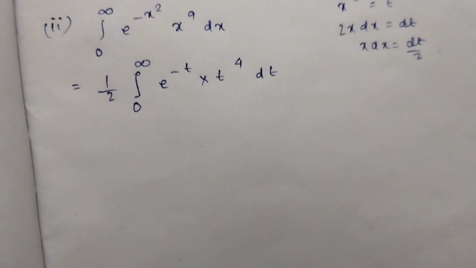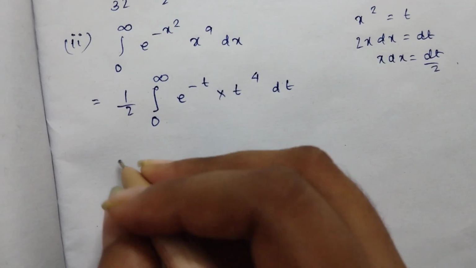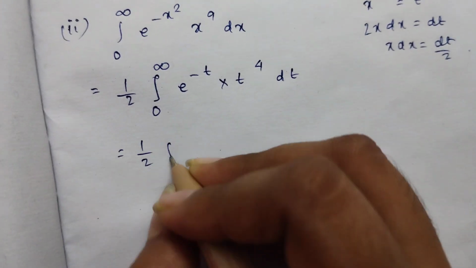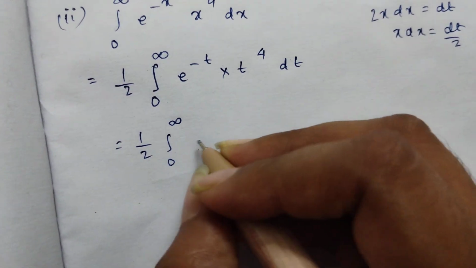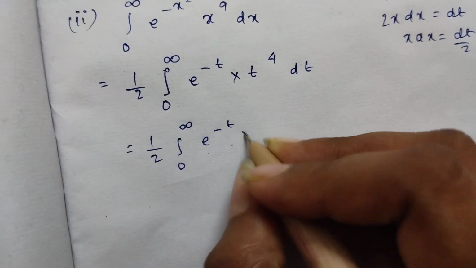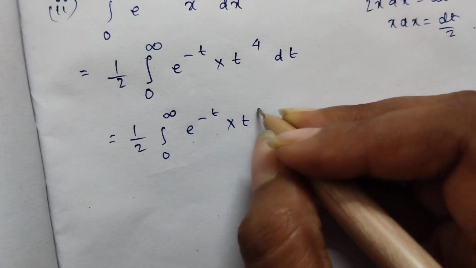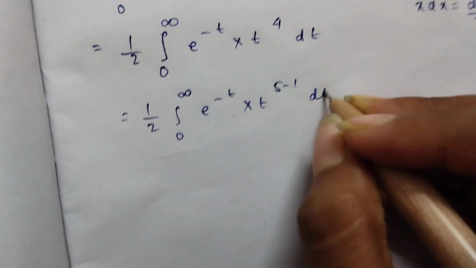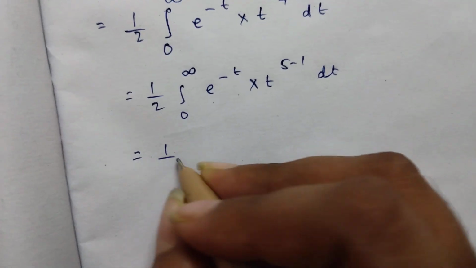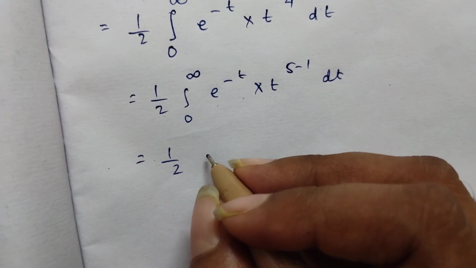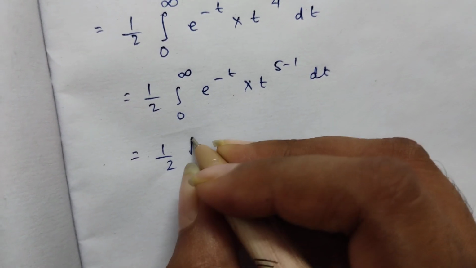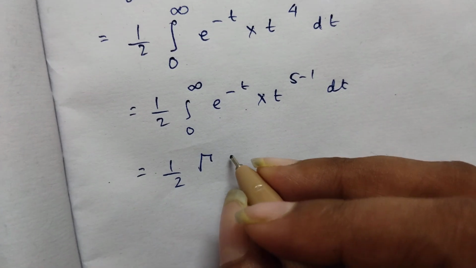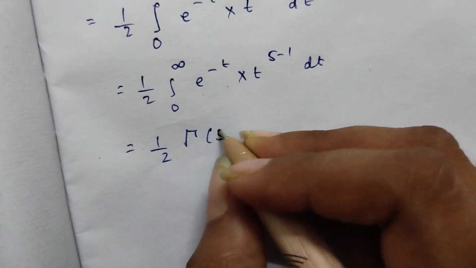Now as we can see, we have sort of gotten it in the form of a gamma function. So we'll just write it accordingly: e to the power minus t into t to the power 5 minus 1 dt. So what do we get? 1 by 2 into the gamma of 5.